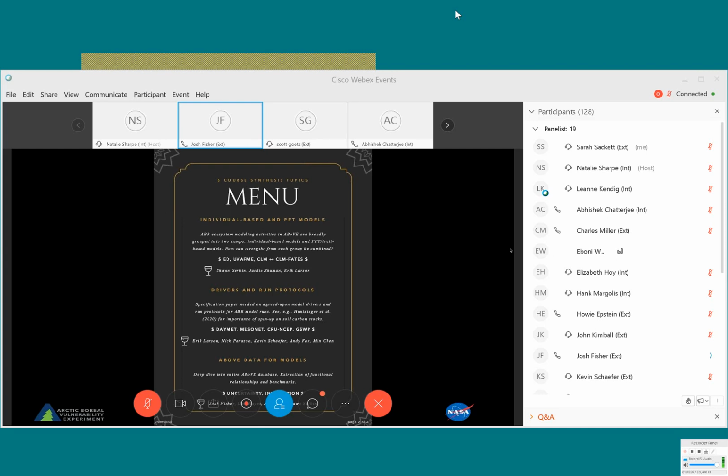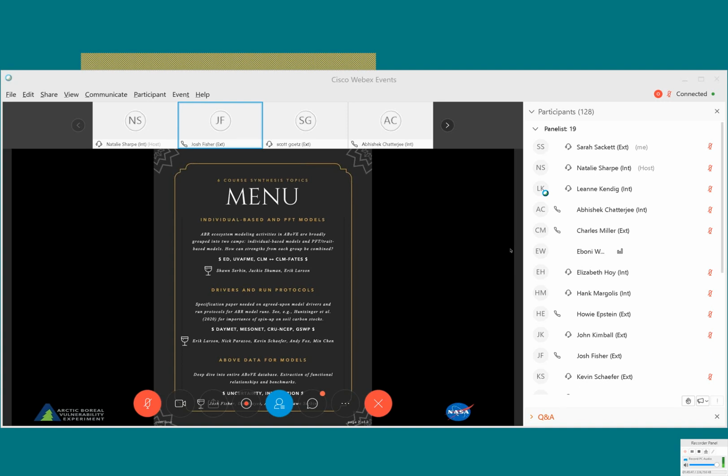So for individual-based models, we have models like ED or UVAFME, and then parts of those become incorporated into the bigger PFT or trait-based models like CLM, where we have ED or CLM-based in those models.